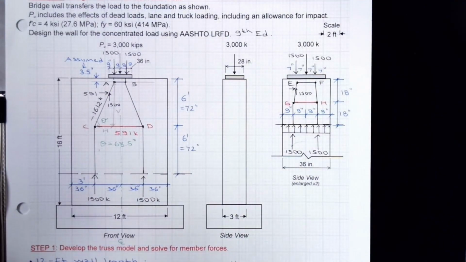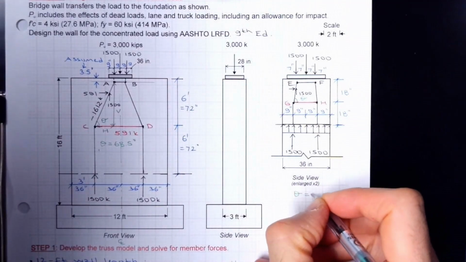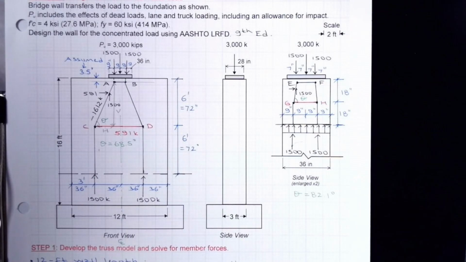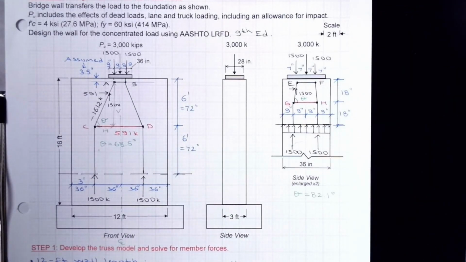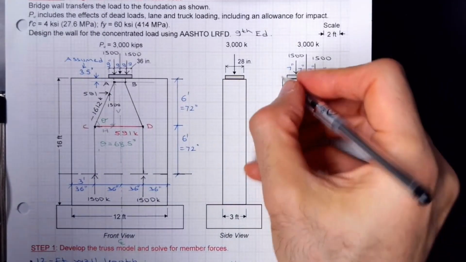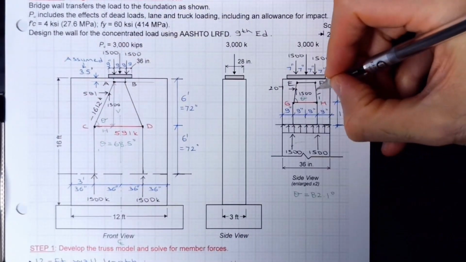For the other one, it comes out to be, I'm just calling it theta again, that's the common notation, 82.1 degrees, which is very good. Resultant force will come out to be 1514. So the horizontal component 207, the resultant minus 15.